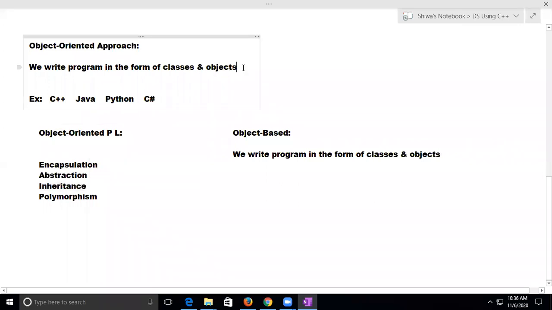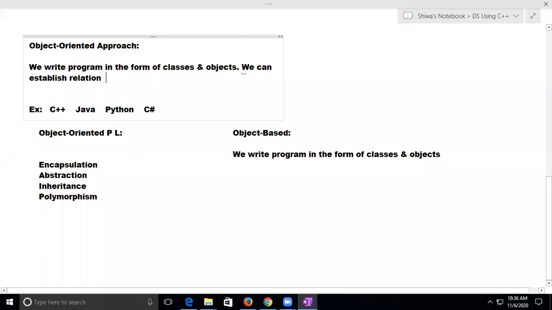Inheritance. So in object-oriented, we can establish a parent-child relationship. You call them parent class, child class, base class or derived class, super class or subclass. In the second sem you already learned. So we can establish relationship between the classes, and that is called inheritance.